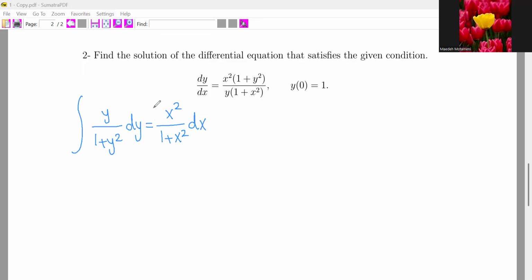And now we can take the integral of both sides.